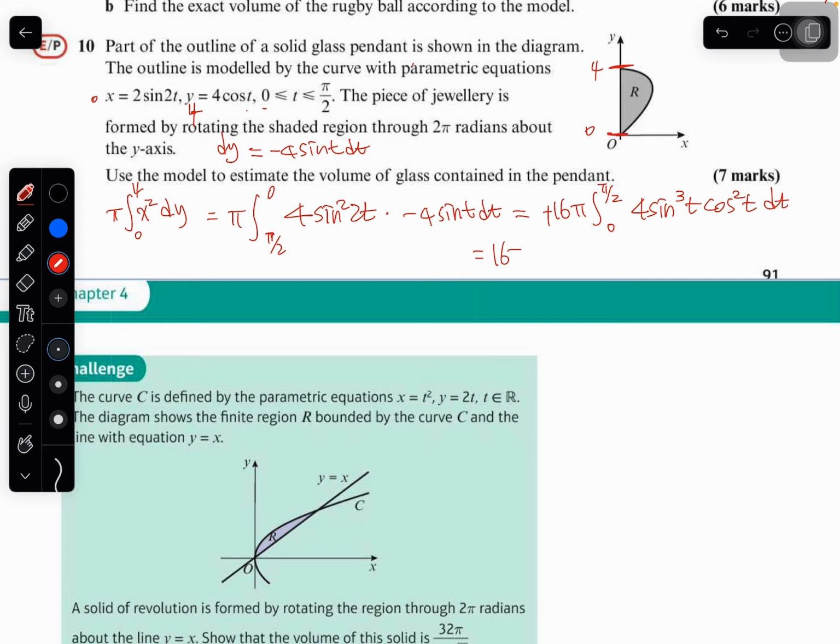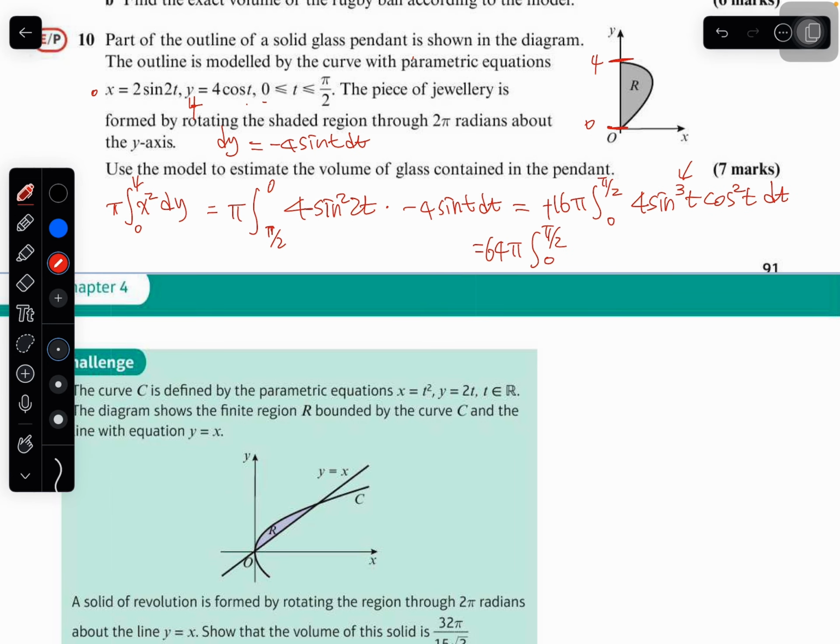So 16 pi, 0 to pi over 2, 4 sine, 64. Let's make it 64. When you have the odd power, just separate one: sine squared of t cos squared of t sine t dt.